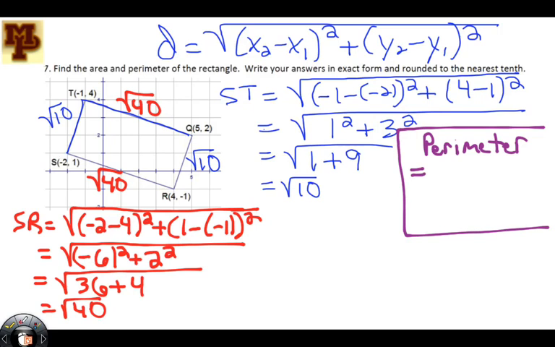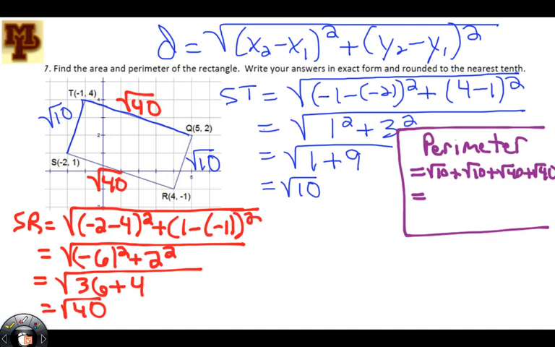So it's going to be square root of 10 plus square root of 10 plus square root of 40 plus square root of 40. And you can just do that on your calculator. So that would be, I think, about 19 units.